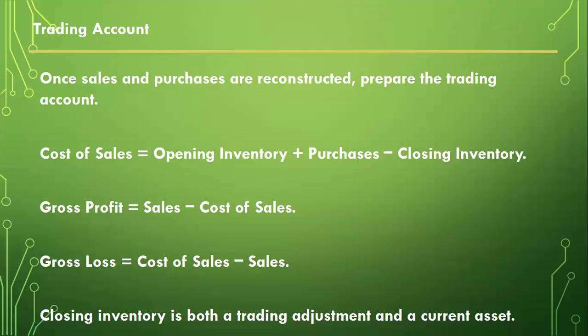And how do we get our gross profits? Take it back to what we did last semester on trading accounts: your sales minus cost of sales. And I said initially that you get your cost of sales as opening inventory plus your purchases minus closing inventory.